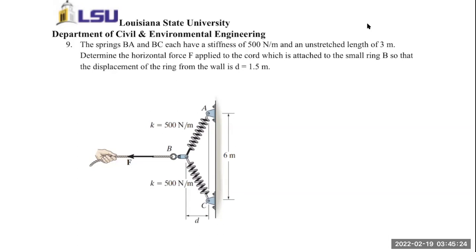So first thing, what we know is that the unstretched length is 3 meters. What's my stretched length? By stretched and unstretched, I mean this length at a diagonal, not directly vertical or horizontal.